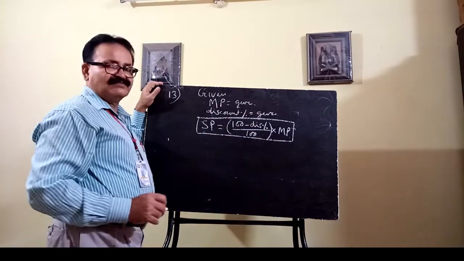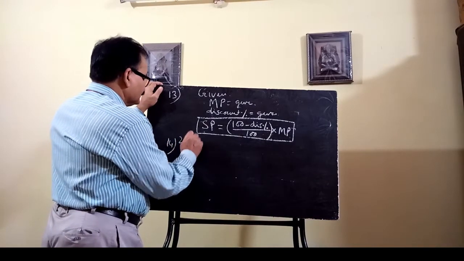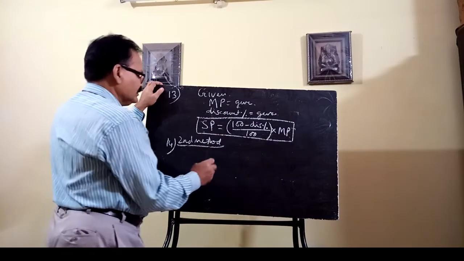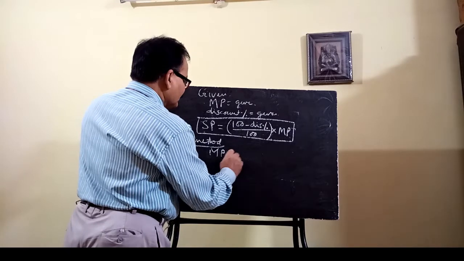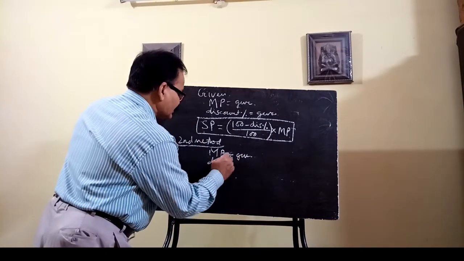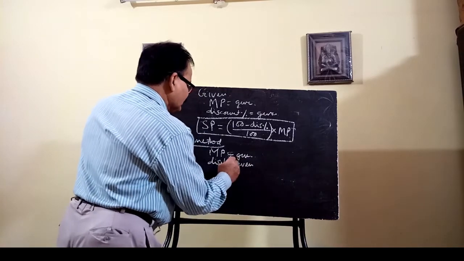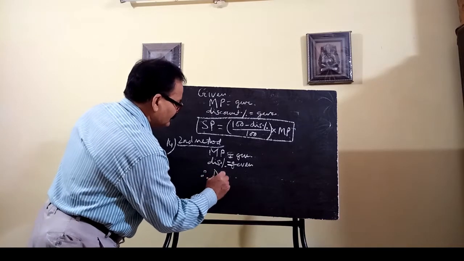This is one method. Formula 14 is the second method. Here MP is given, discount percent is also given. So therefore first find out the discount.